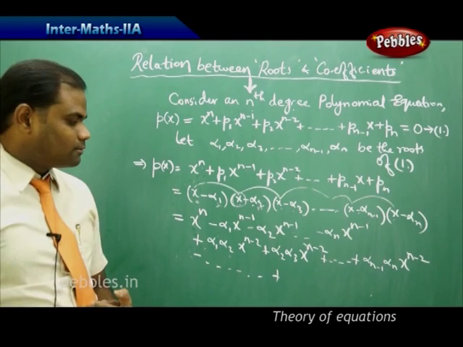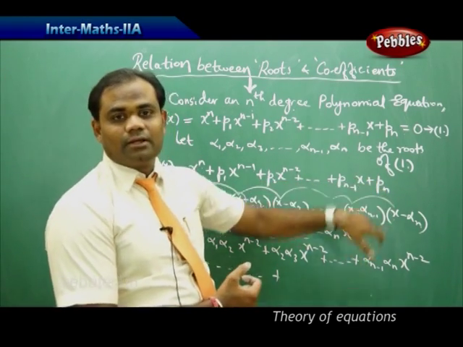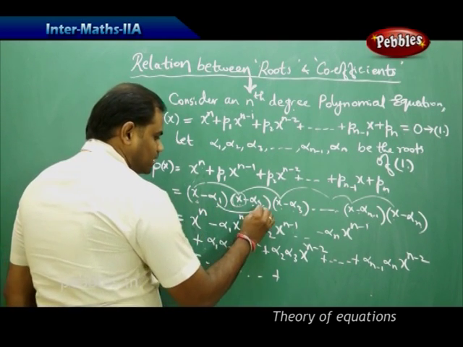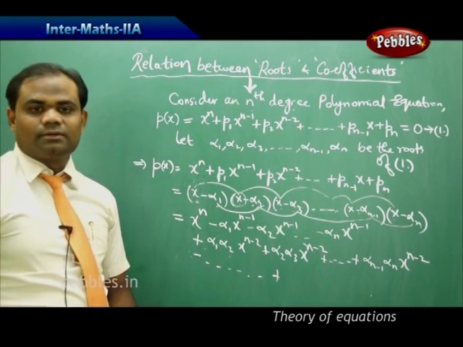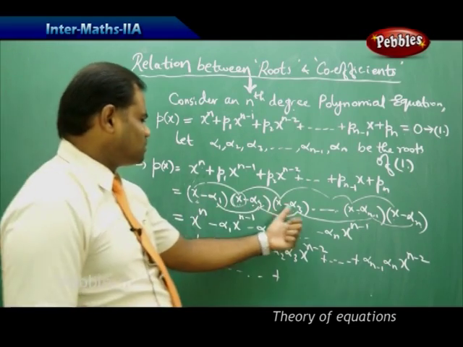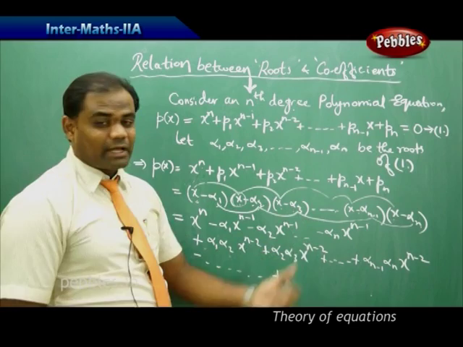So finally, we are going to search for the constant term or the last term, that is Pn, compared with the factor form. When I multiply each of the factors which are the constants, I get alpha 1, alpha 2, alpha 3, alpha n minus 1 and alpha n, and there are minus signs which are n in number.